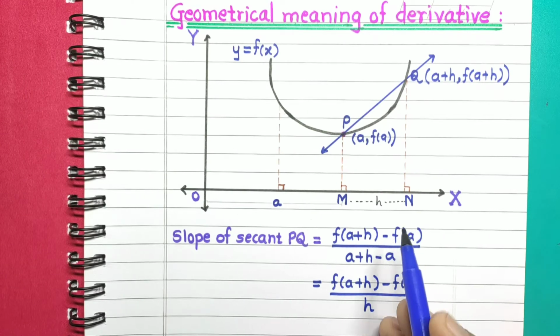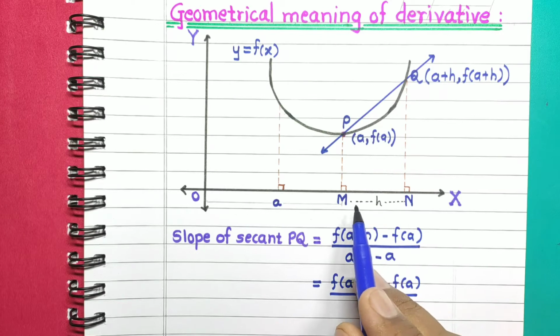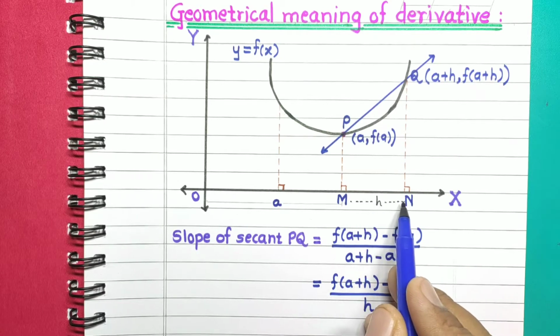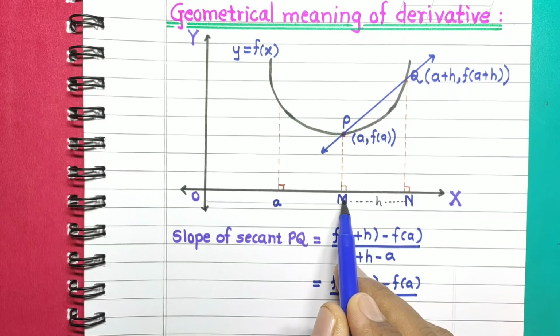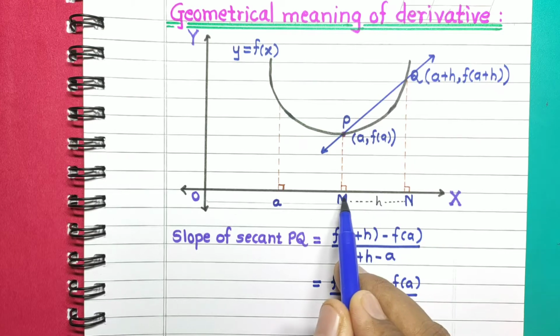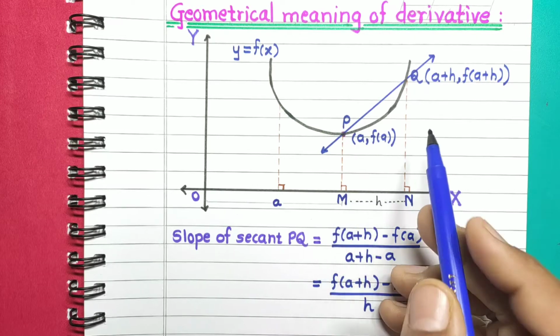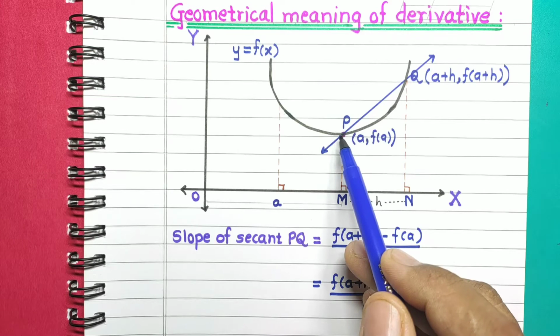Now students, if we make this h smaller and smaller, that means closer to 0, then the distance a plus h will approach the distance a. That means this point N will approach point M, and at that time point Q will approach point P on the curve.